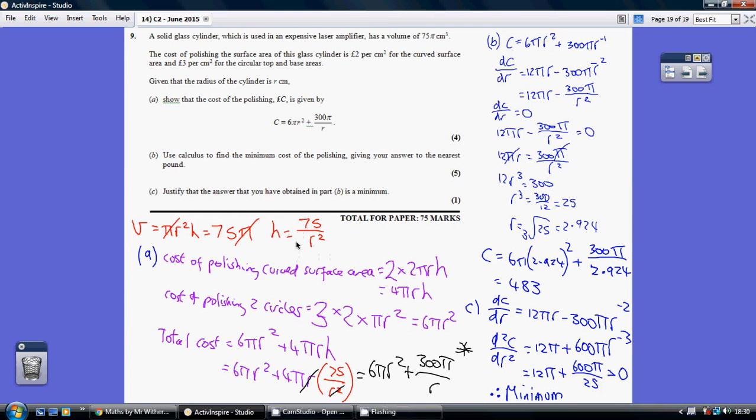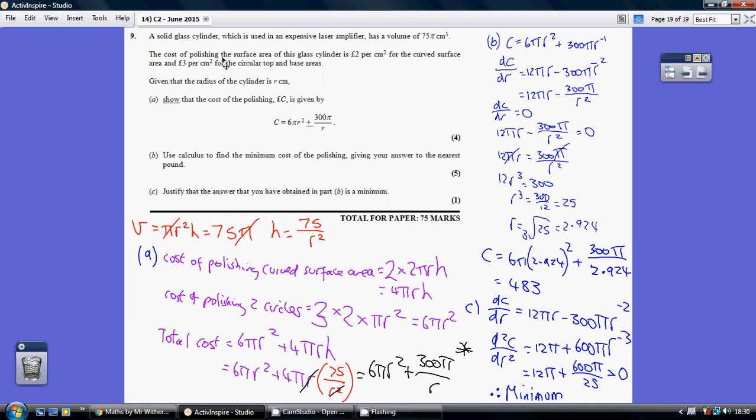So let's just park that for a moment. Now let's start again and work out the cost of polishing the amplifier. Let's first think about the curved surface area of the cylinder.